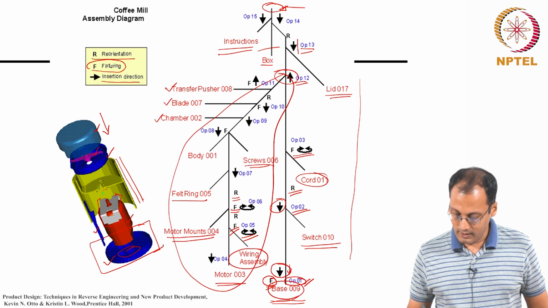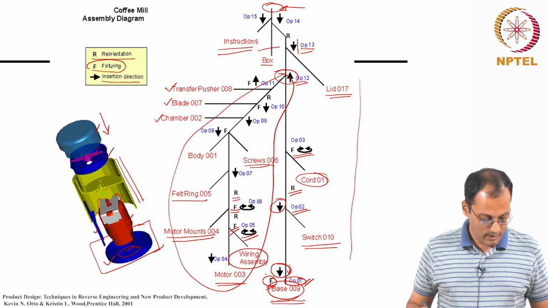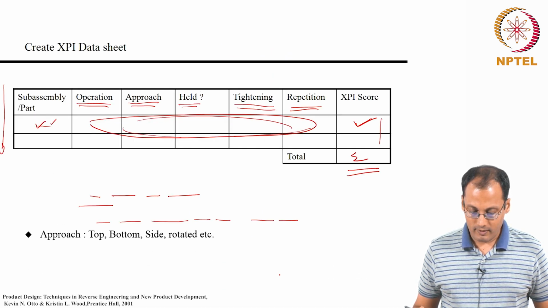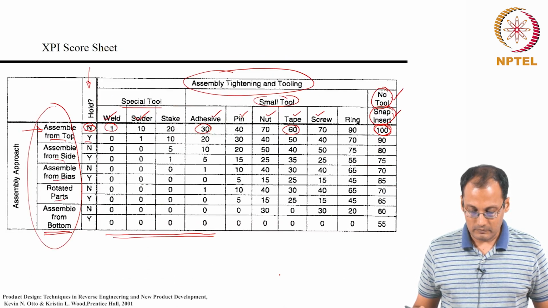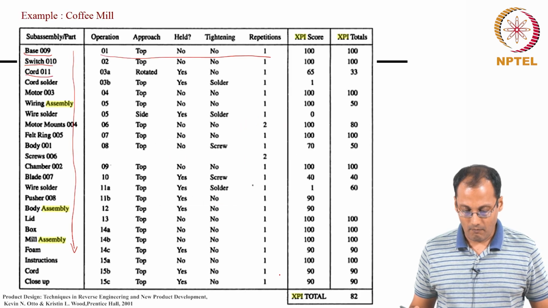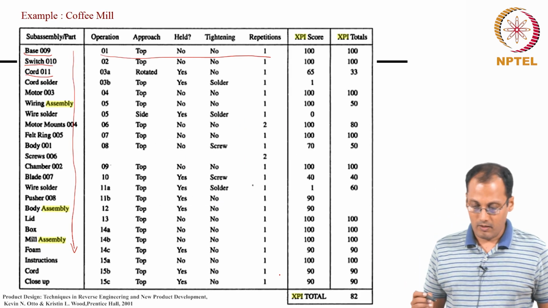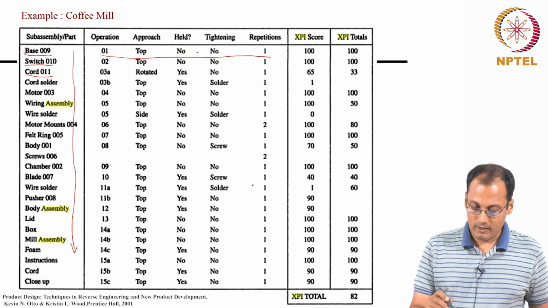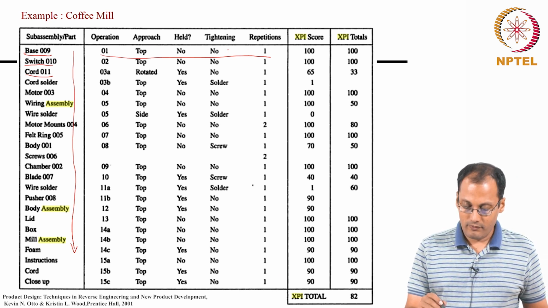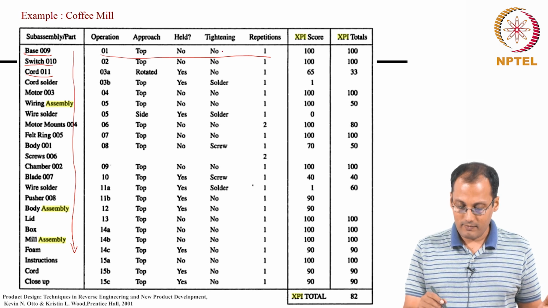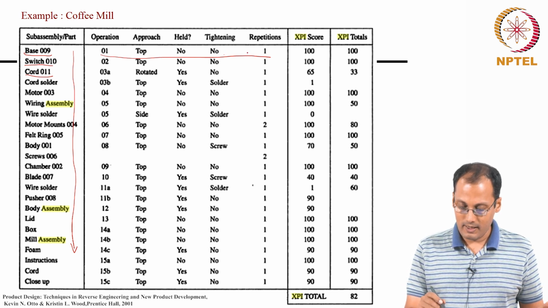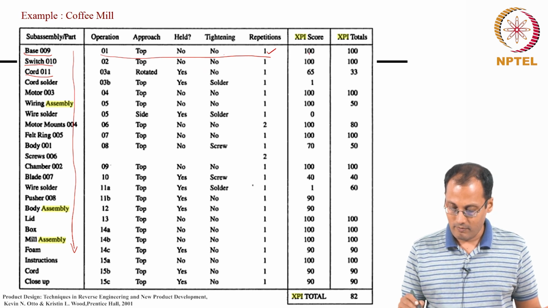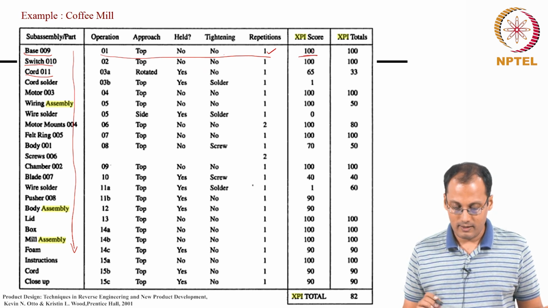I need fixturing, and so these attributes are: I bring in the part from top to bottom, and I do not need to fix anything because I have a fixture. I am just going to place that base in that, and I have to repeat the operation only once. So, my assembly score is 100.